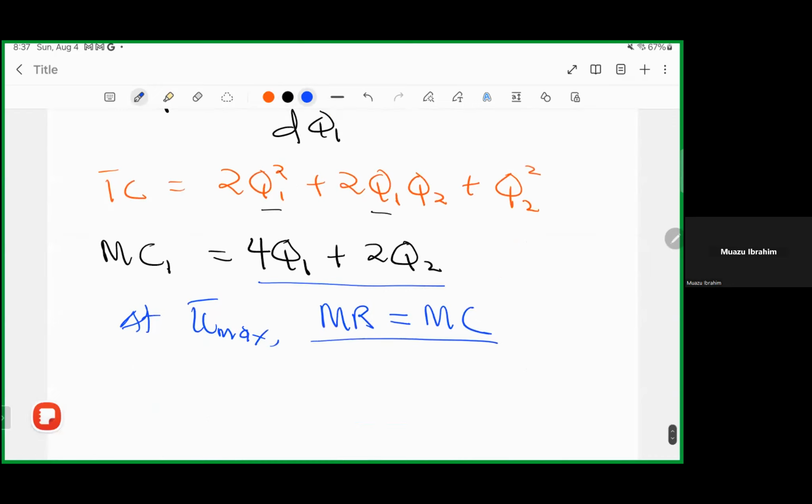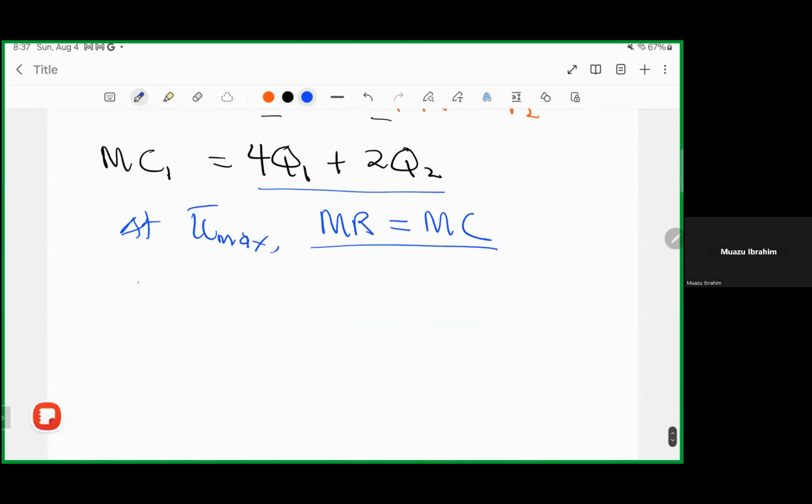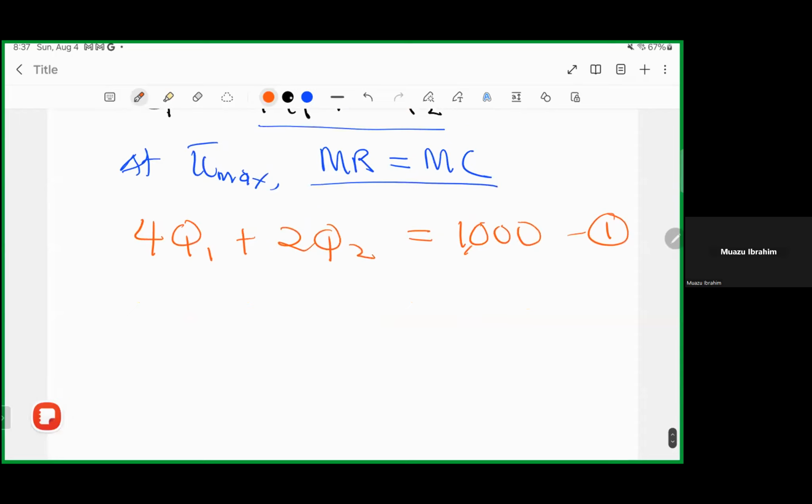So when you equate the two, we have 4Q1 plus Q2 equals 1,000. So we can say this is equation 1.